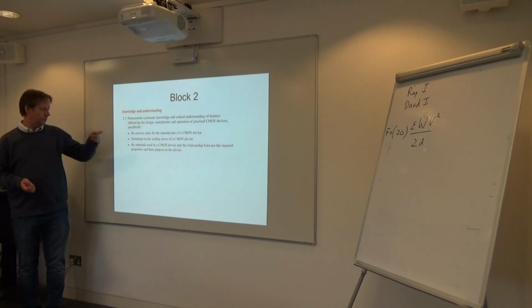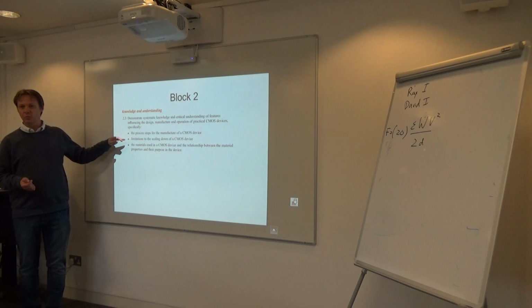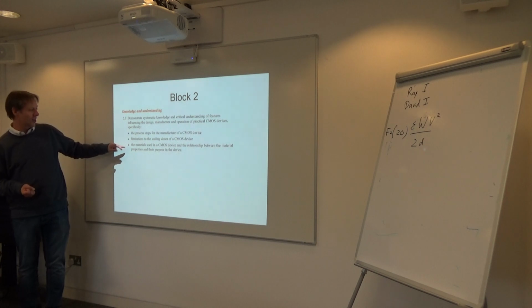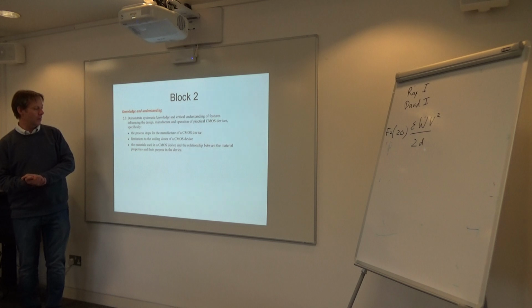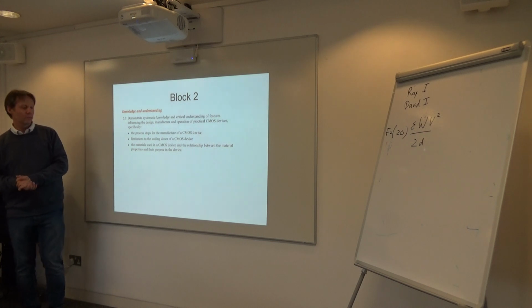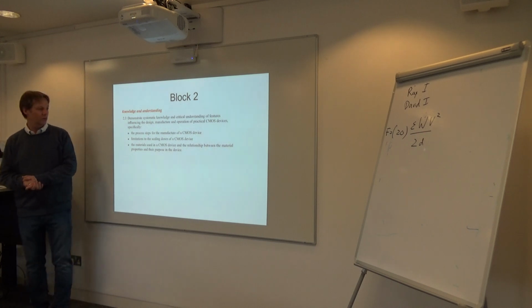So basically, you need to be able to talk about the process steps, what limits how small you can make CMOS, although I think technology's moved on a little bit since the book was printed, and also talk a little bit about the materials used in building a CMOS device, or an array of CMOS devices.